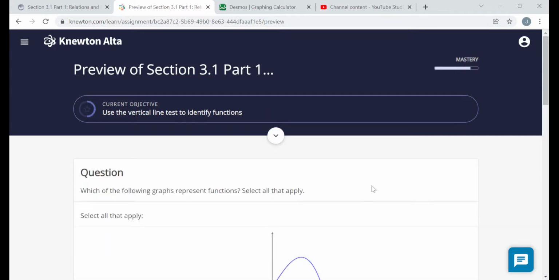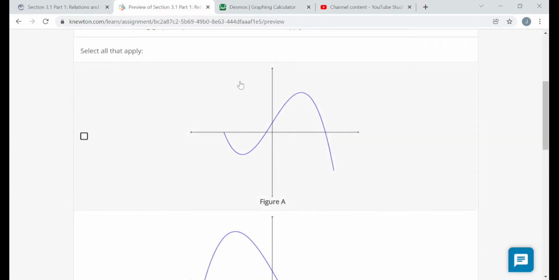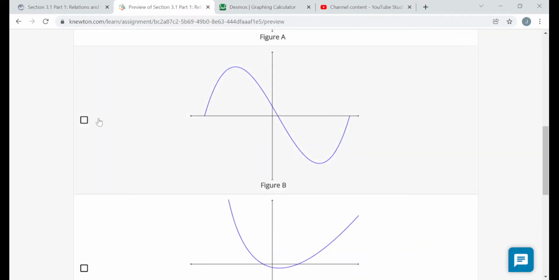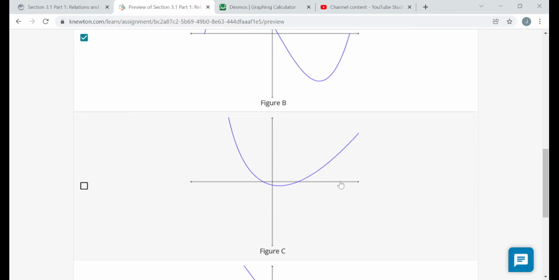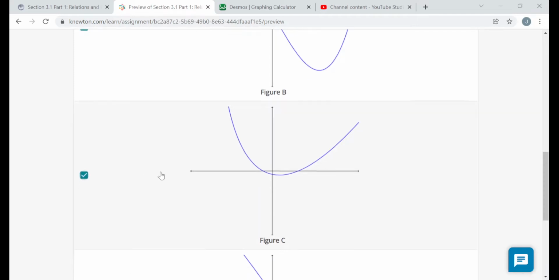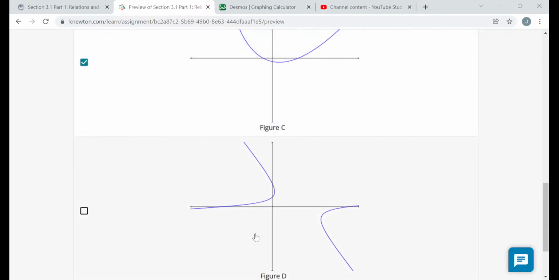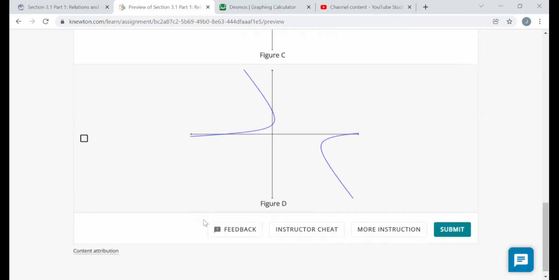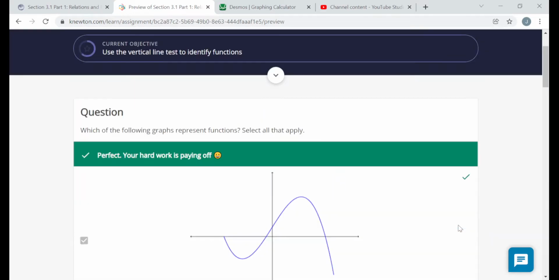And then back to the pretty simple, in my opinion, vertical line test. Every vertical line hits this graph once or 0 times, so that's a function. Same thing here, function. Same thing here, function. This, there's a vertical line that hits this more than once, so this is not a function, and I'm done.